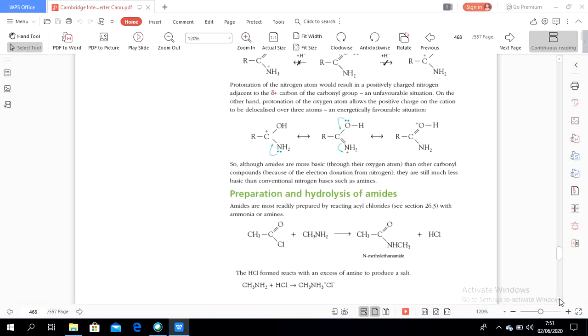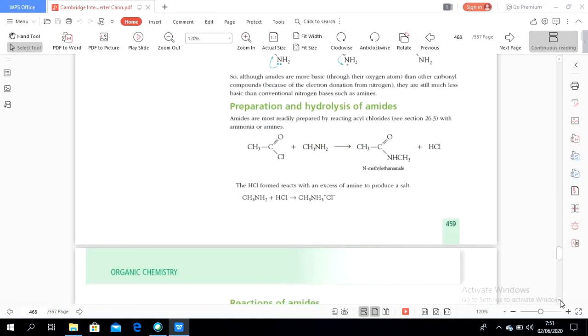Now let's see the preparation and hydrolysis of amides. Amides are most readily prepared by reacting acyl chlorides with ammonia or amines. So the starting point here is acyl chlorides, R C double bond O X, where X represents the halogen.